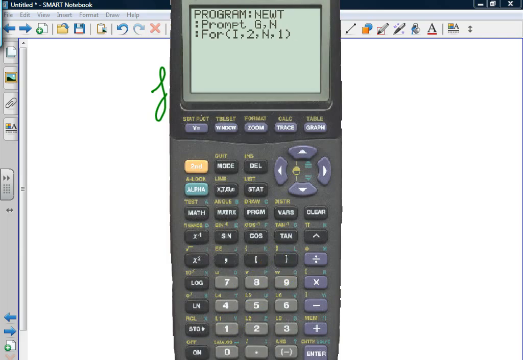So if N is 5 iterations, it starts with I at 2, does stuff, then I is 3, because it's adding 1 every time. You could change this to -1 to count down, or 2 to count by 2s, right? So it's going to be 2, then 3, then 4, then 5, and it's going to stop. As soon as it hits 6, it knows to stop.